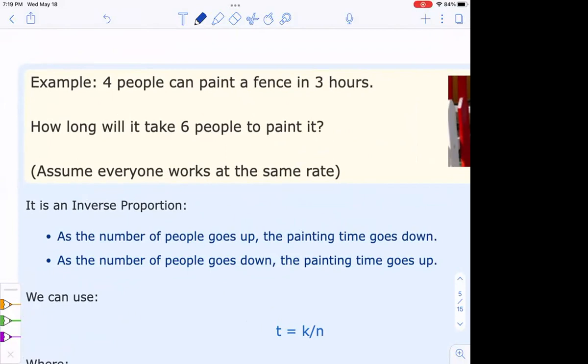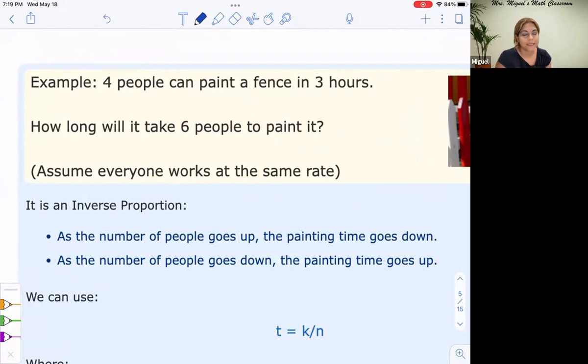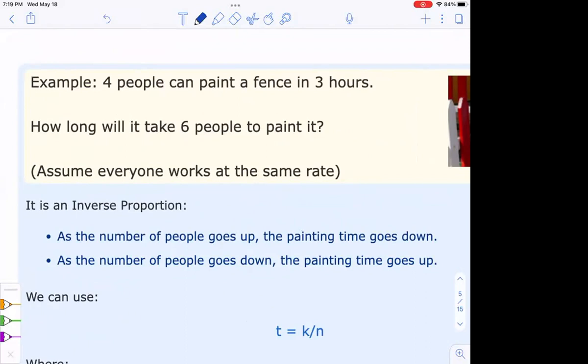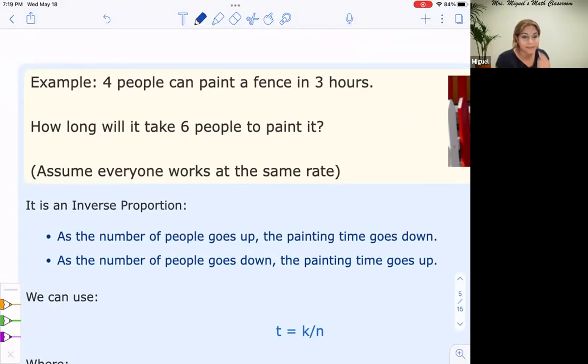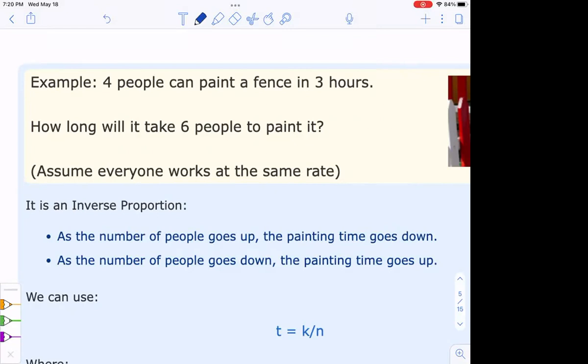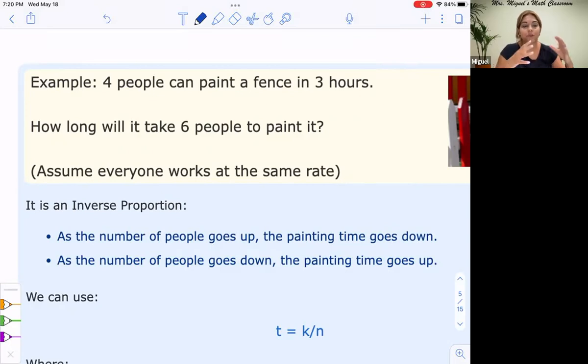So as the number of people increases, the time decreases, yes? What about if instead of four persons, 1 person is painting this fence? Would 1 person take more time or less? More time. So you see the relation. As we increase the number of persons, we decrease the number of hours, and as we decrease the number of people, we increase the hours.